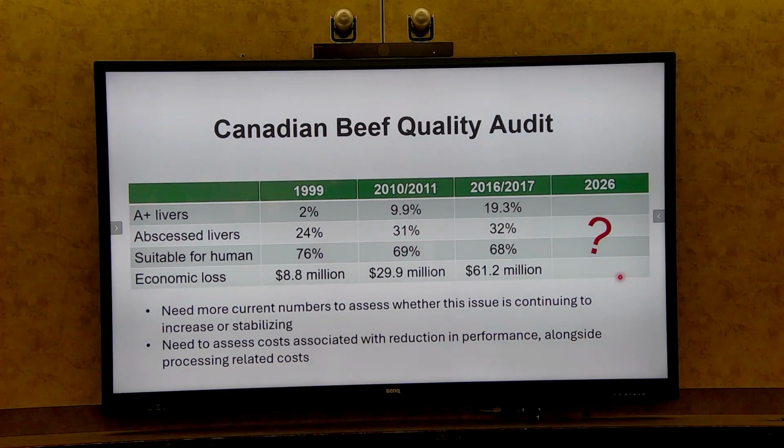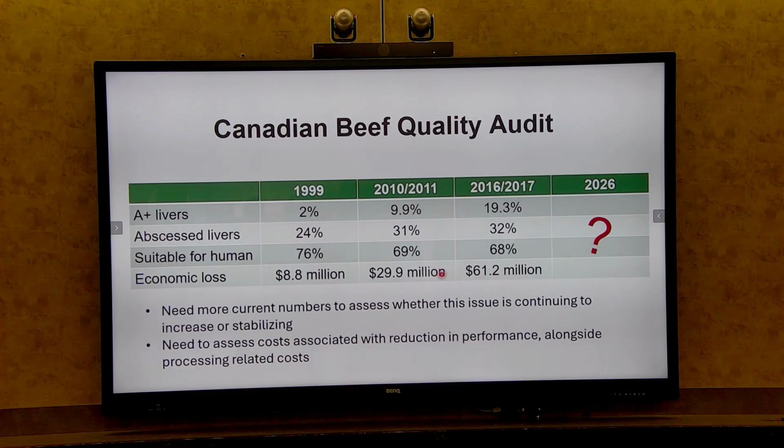So what is the actual cost of liver abscesses to the industry? The last time this was estimated was in the 2016-2017 Canadian beef quality audit. At that time, estimates based specifically on losses as a result of livers being downgraded or condemned was approximately $61 million per annum.